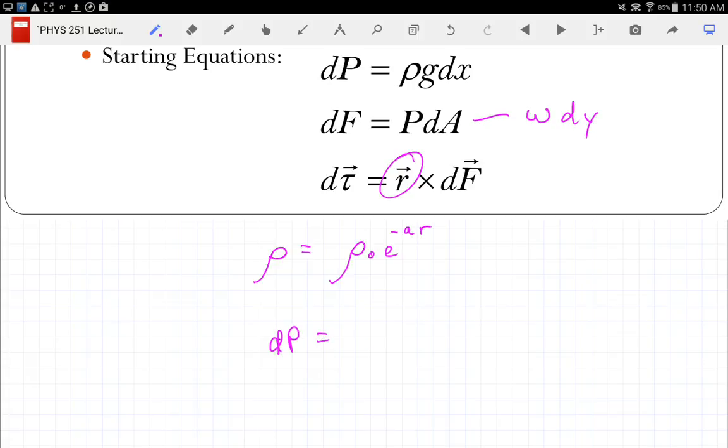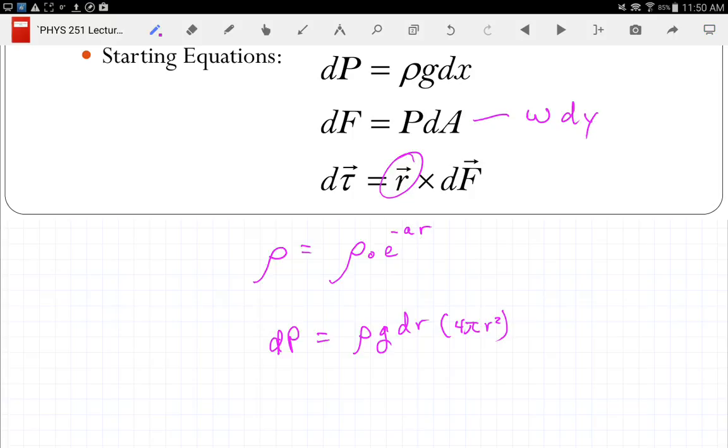I'll show you why it's a bad idea, what I just wrote. dP is equal to rho g, in this case, dr. First of all, I was defining it for a sphere, and for a sphere, I actually have to put in here the area part of 4 pi r squared dr. That's the first part that would be a change.